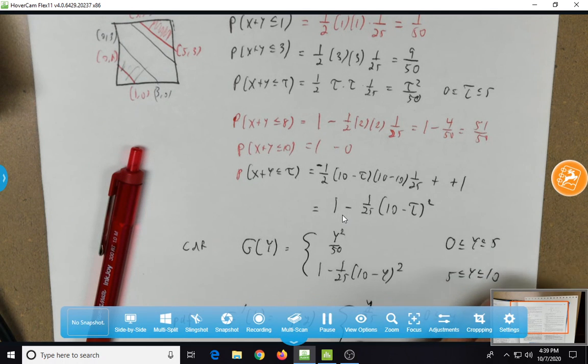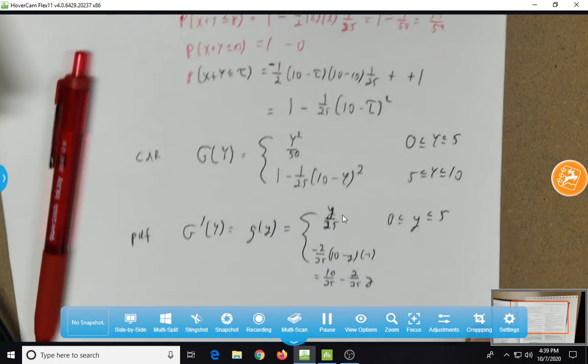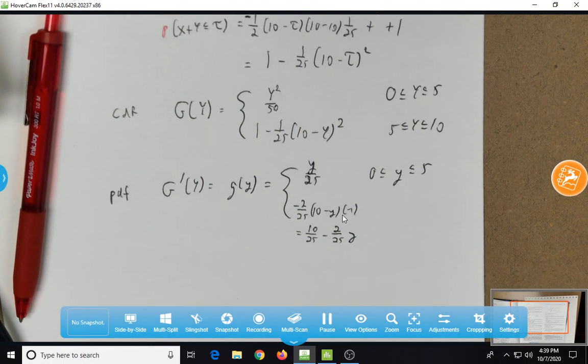I'll be left with minus 2 over 25 times (10 minus y) times negative 1, which is the same thing as 10 over 25 minus 2 over 25 y. Alright, so I was off the screen.